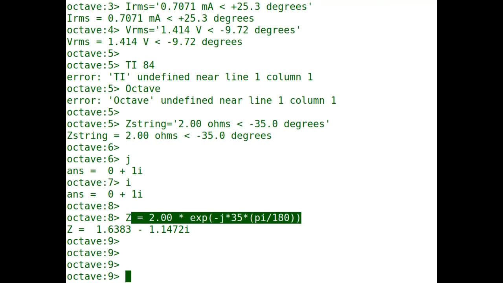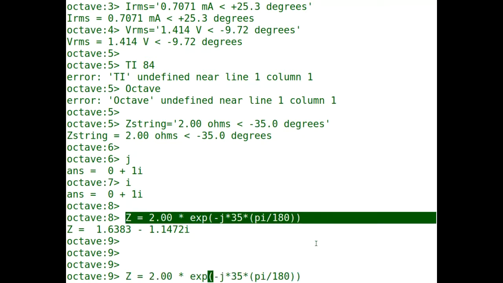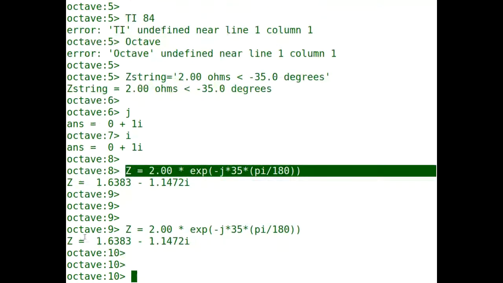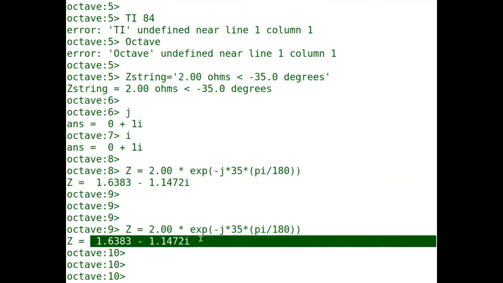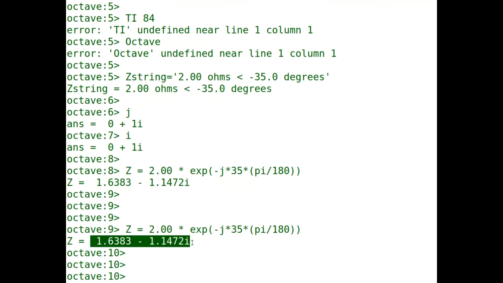All right. So anyhow, when I type this in here, you see that I get the result in rectangular form. Okay, so this gives me that result in rectangular form here.